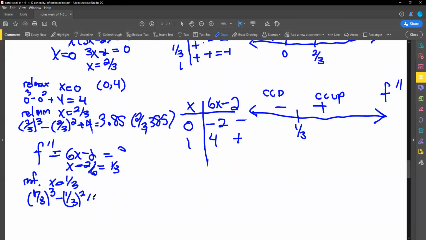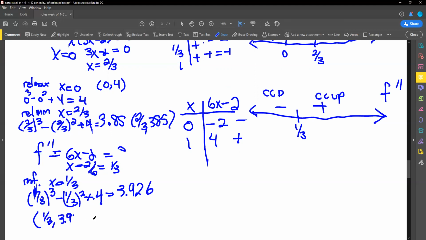And again, I'm going to type that in a calculator. That's not going to be a pretty number, and I just need an estimate of it anyways. All right, so 1/3 cubed minus 1/3 squared plus 4, and we get 3.926. All right, so I know I have an inflection point at (1/3, 3.926).